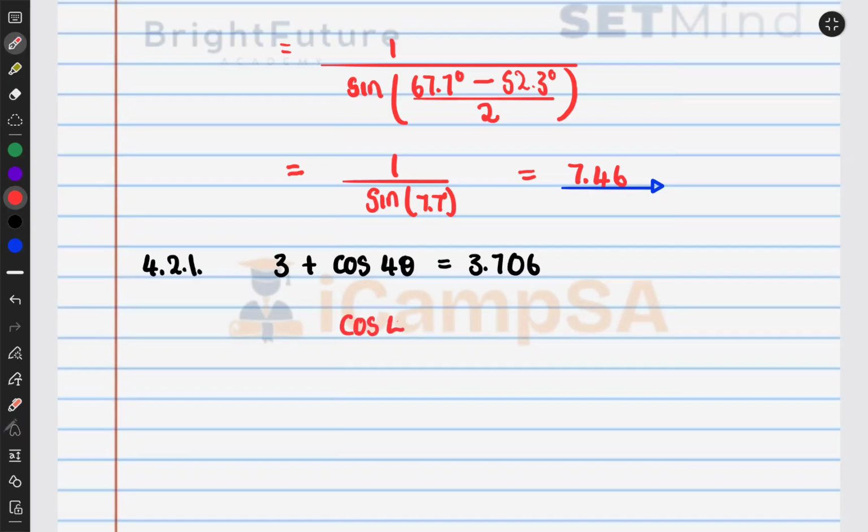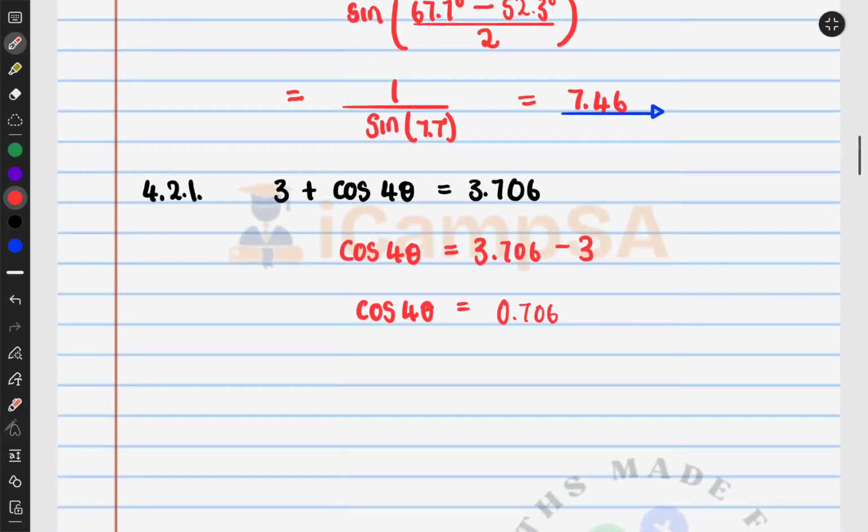Cos of 4 theta, let's take the 3 to the other side. We're going to have 3.706 minus 3. Cos 4 theta is equal to 3.706 minus 3. That should give us 0.706. We have to take cosine now to the other side, so we press second function or shift, and it should give us cos inverse.